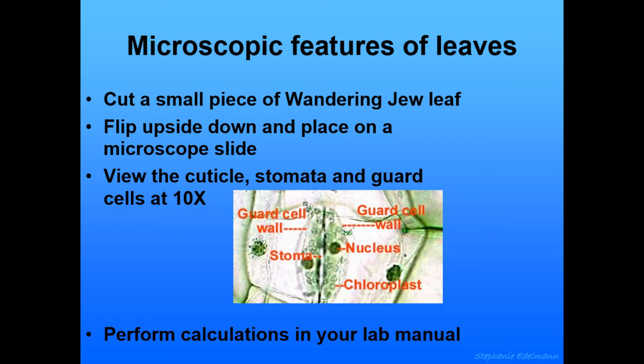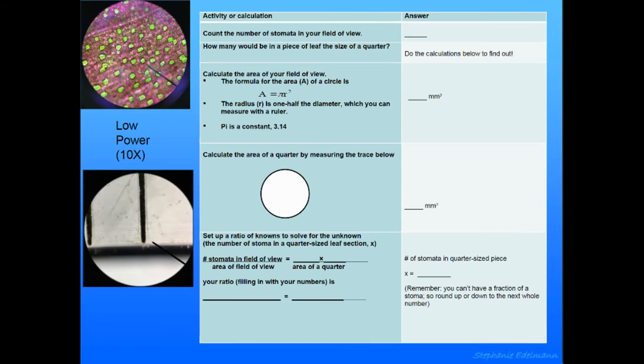What you're going to be looking at is stomata. And stomata are openings on the bottom of a leaf that plants use for gas exchange.